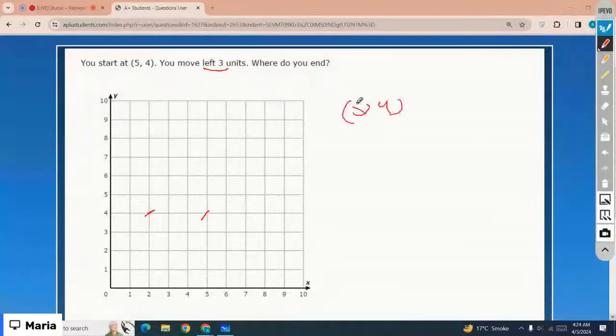You started at 5, 4, but you ended up on 2, 4. The correct option is 2, 4, right?